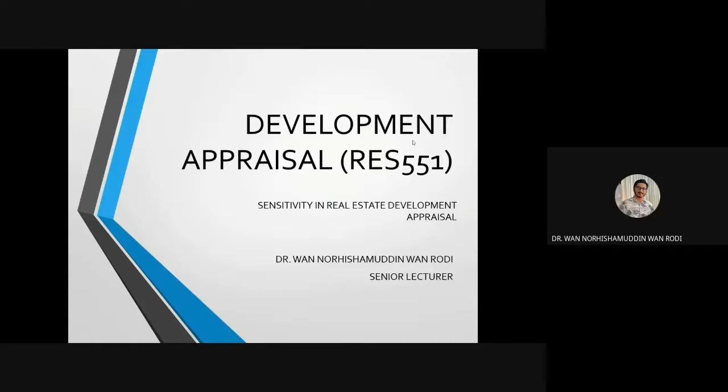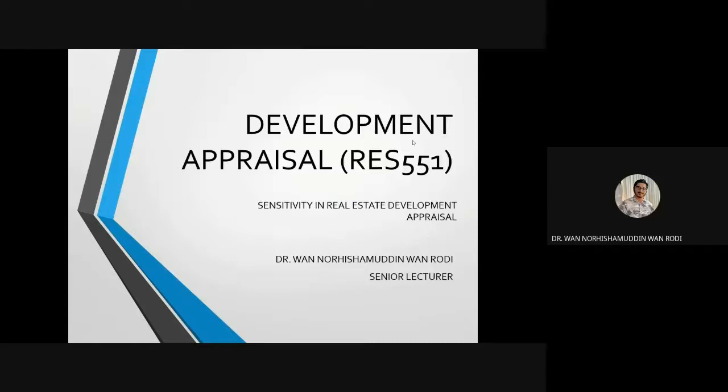So the importance of sensitivity and risk analysis in real estate development is to predict the outcomes or the future outcome for a certain development project. For instance, the sensitivity analysis is used to determine the changes between one factor to another. For example, let's say if we want to look into the cost increase in building construction costs, what is the impact towards our developer's profit?